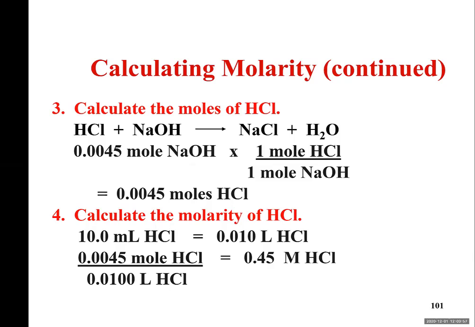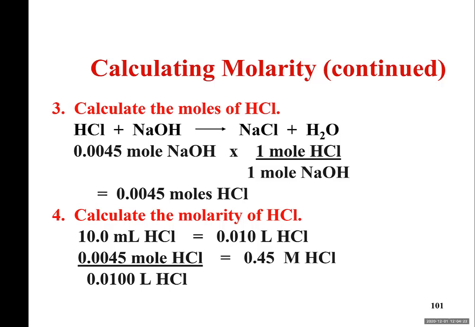So, do you have a question? Anybody? I have a question. After you figured out that the moles of sodium hydroxide was 4.5 times 10 to the negative third, to then figure out the molarity of hydrochloric acid, what was that step? One more time. What did you do to get to that point?